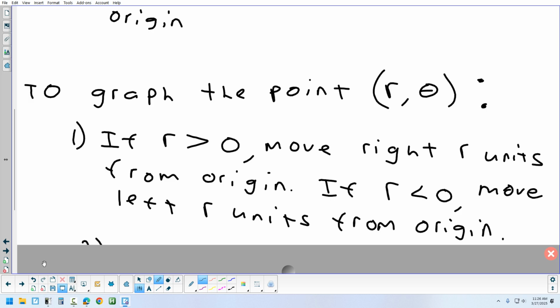If r is negative, you're going to start at the origin, and you're going to move to the left. How many units to the left? Well, depends on, again, what r is. So in that sense, it's very similar to graphing x, when you have an xy coordinate. If it's positive, you go right. If it's negative, you go left.